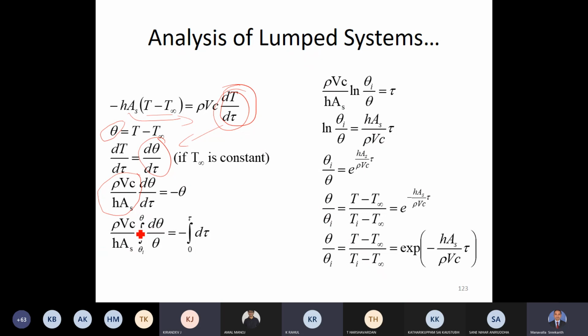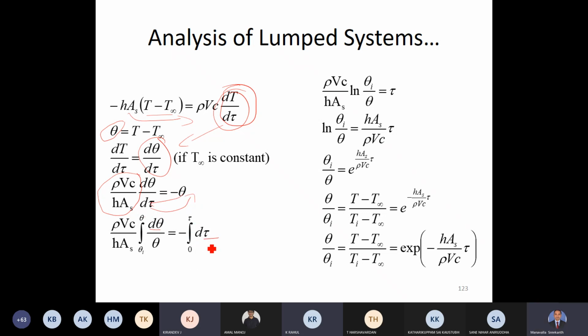So we will have this integration from theta i to theta. This integration is carried out with respect to d theta. Therefore, we are integrating between the initial temperature to a certain temperature, equal to the integral of minus theta. So this minus theta is brought here and d tau is taken to the other side, so integral d tau.